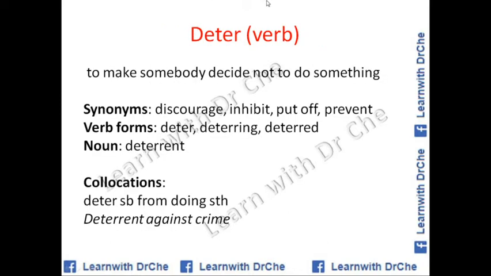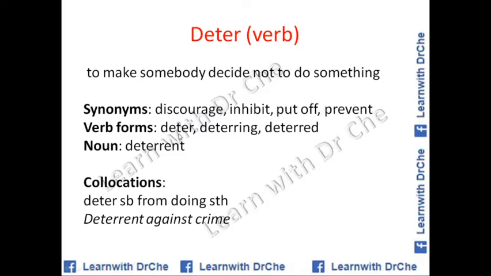Deter. This is very high level vocabulary for the topic of crime and punishment. This is a common word, but we need to use it in the exact place and naturally. Deter is to stop, to make somebody decide not to do something. The noun form is deterrent, with double R and ENT. Synonyms are to discourage, to inhibit, to put off, to prevent.